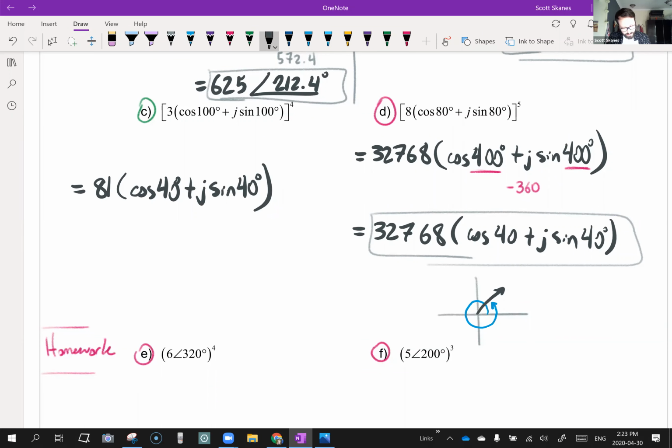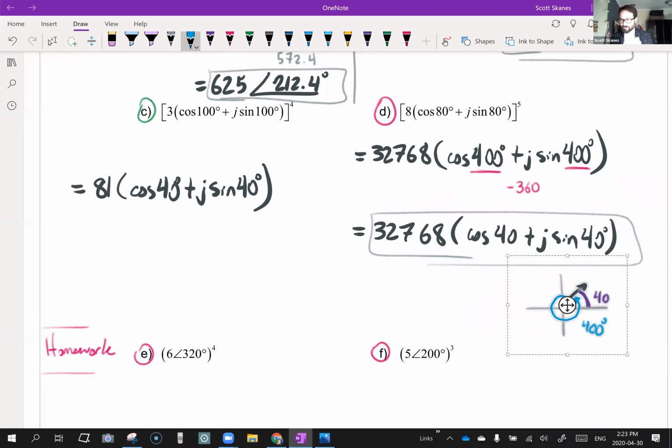Why not just give us this angle? That's 40. The blue angle here is 400. There's no real need to go around the circle that many times. Okay, that's what's happening here. They are technically the same thing, but we want simplified form. Okay, so hopefully that makes a bit of sense. I'll keep that here just so you can look at my pretty pictures later if you feel like it.